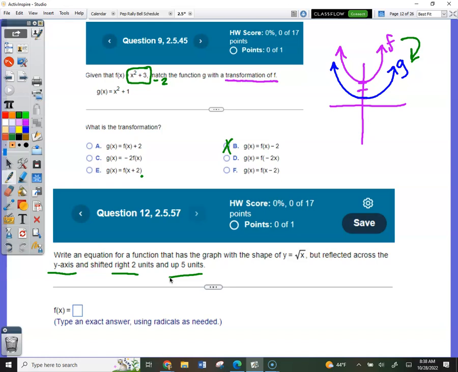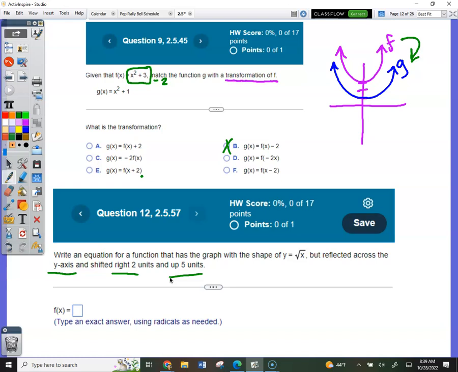Now you have to know where to put the negative. If it was reflecting over the x-axis, that's what you already know from prior math classes. The negative just goes all the way in the front. If it's reflecting over the y-axis, it's going to go where? It's going to go on the inside with the x, right? Like D up here, similar to that.